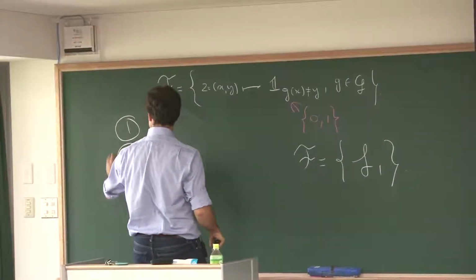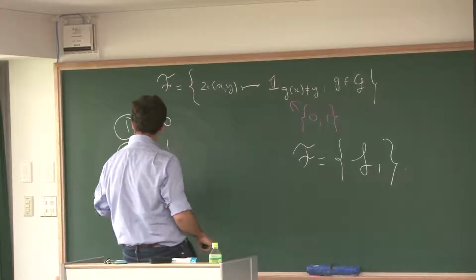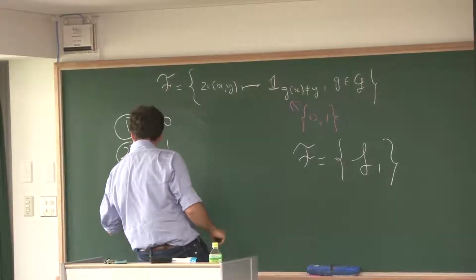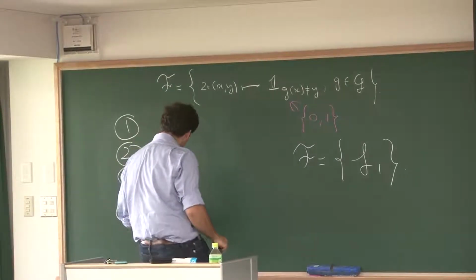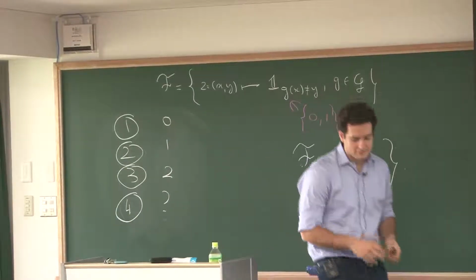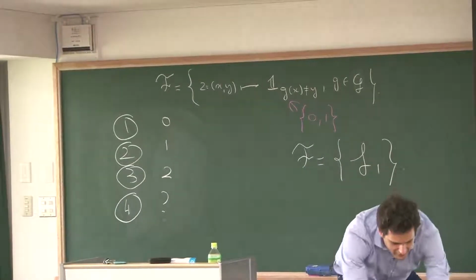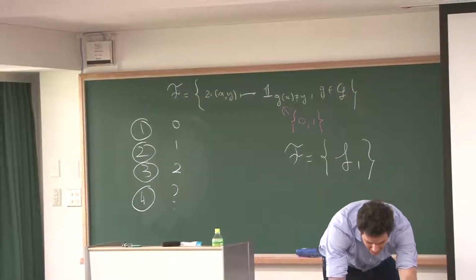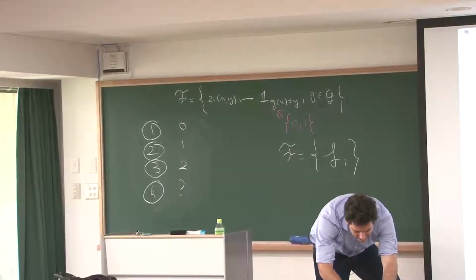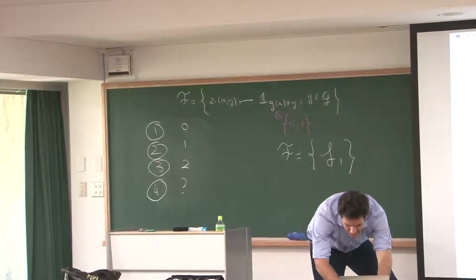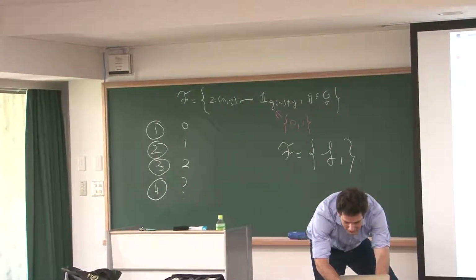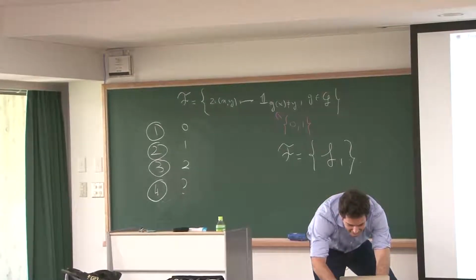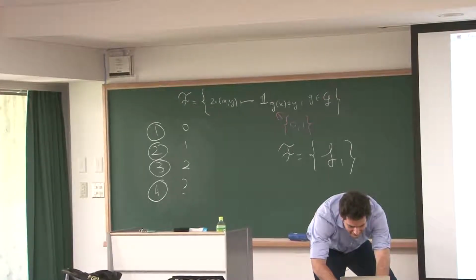That's it. 0, 1, 2, 4, I don't know. I have trouble getting it back. I think I'm doing something wrong here.